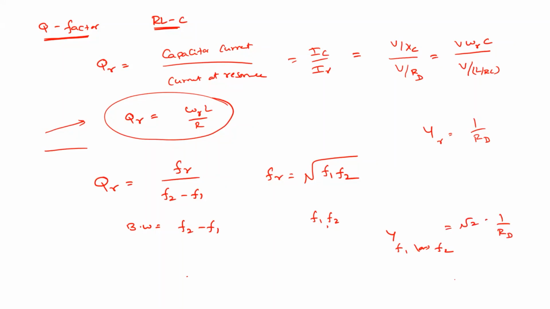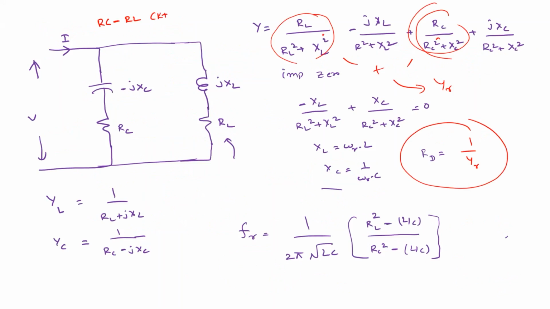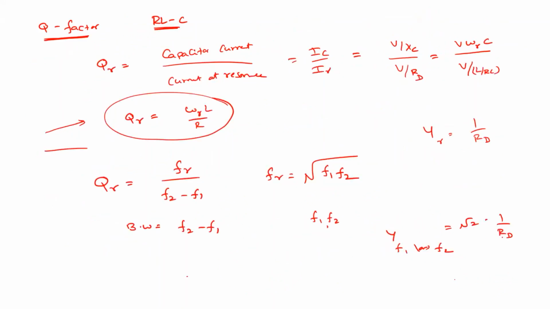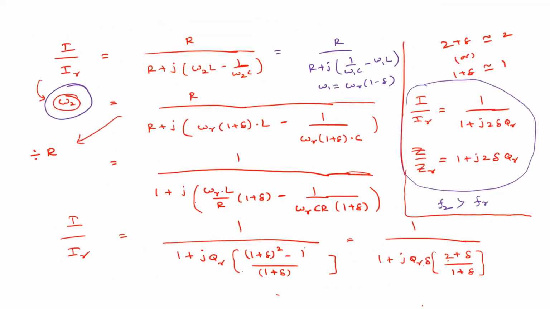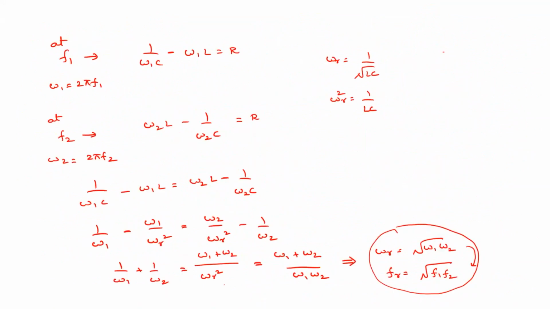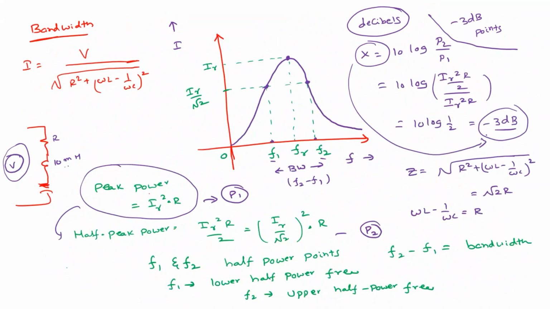That means the imaginary part and the real part are both the same. So that's why this is root 2 into 1 by RD. Sir, admittance will be 1 upon root 2 RD, right?